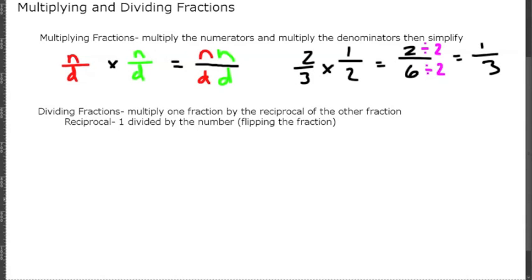Now dividing fractions is pretty similar. You're going to multiply one fraction, but you're going to multiply it by the reciprocal of the other fraction. And the reciprocal is just 1 divided by the number. So if you take 1 and divide a fraction, you're really flipping the fraction.